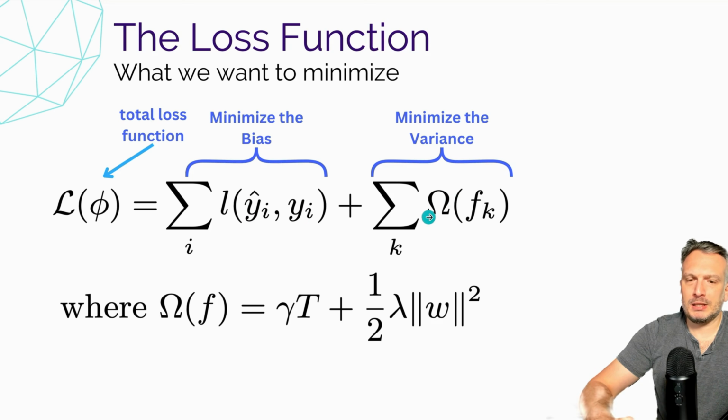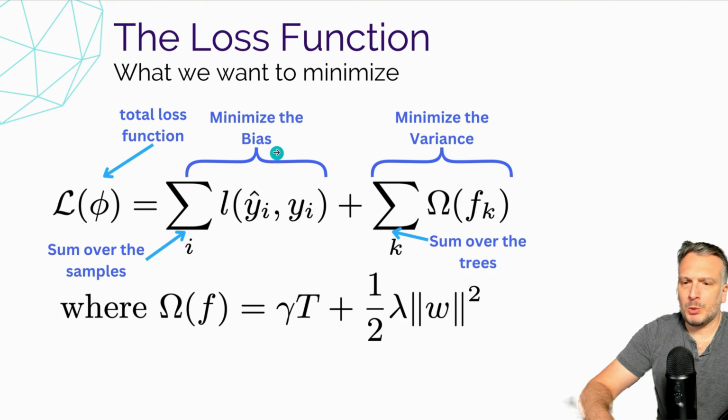Omega here is meant to represent the complexity of the different trees, and we sum the complexity over the different trees. When we want to minimize the bias, we have a loss function that we would like to minimize between the predictions and the target. So you can see that we have a loss function that we can measure at the sample level between the target and the predictions.